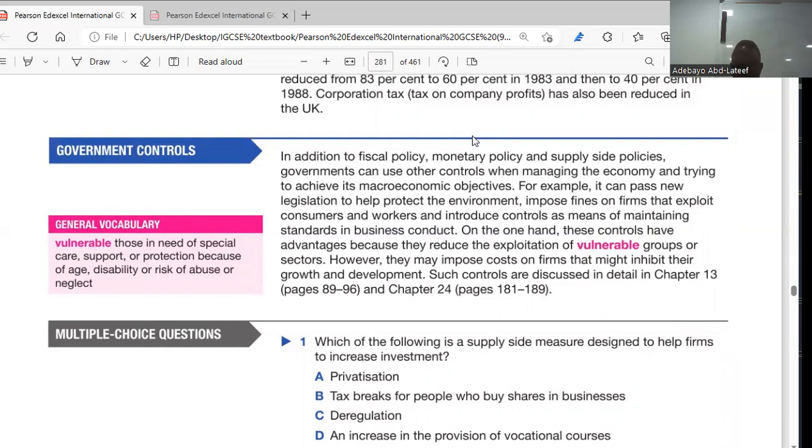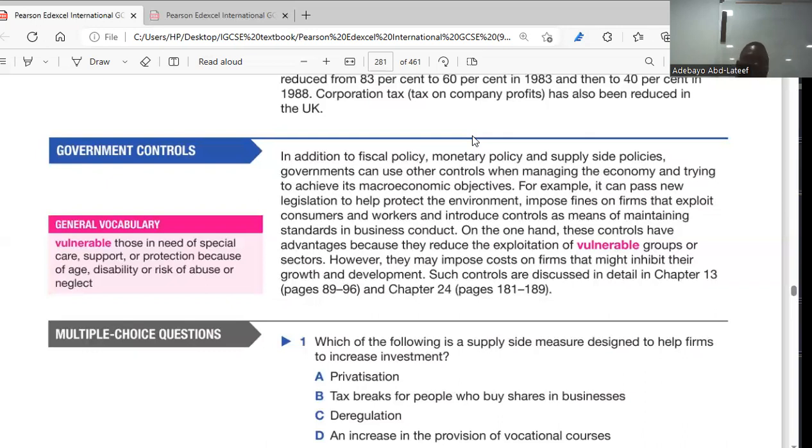Okay, here it said, yes, government could use legislation to help protect the environment. Government could use different laws to protect the environment. Government could use fines, like monetary punishment, that you have to pay a certain amount of money if you're not doing what you're supposed to do right in the economy as a business.